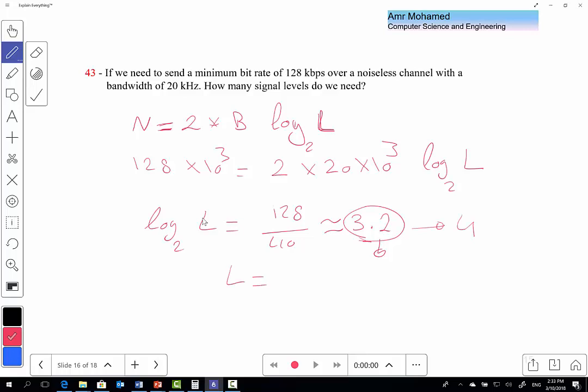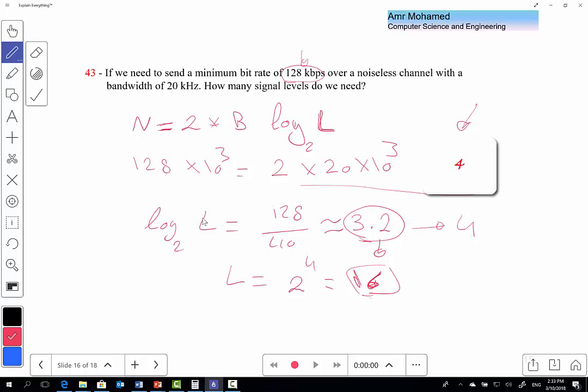So the number of levels equals 2 to the power 4. That's 16 levels. So in other words, we need at least 16 levels to represent this bit rate or more. Of course, this 16 will give you 4 bits, so the actual bit rate that you will get will be 4 times 40, that's 160.